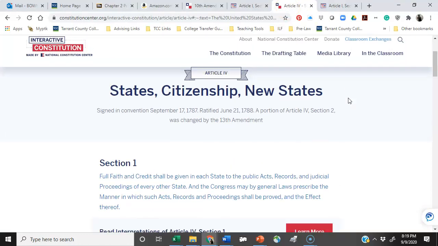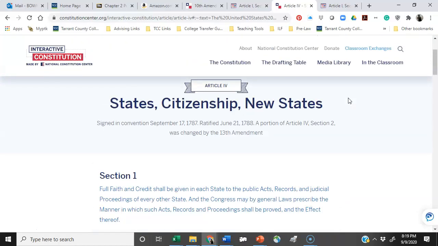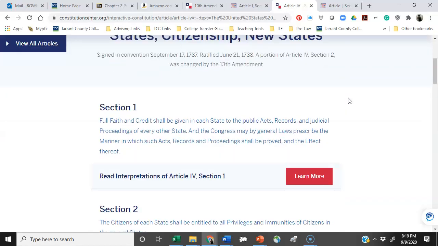This is Article 4 of the United States Constitution. Article 4 lays out things that states must do. So Article 1, Section 10 explains what states are prohibited from doing. Article 4 lays out things that states must do.